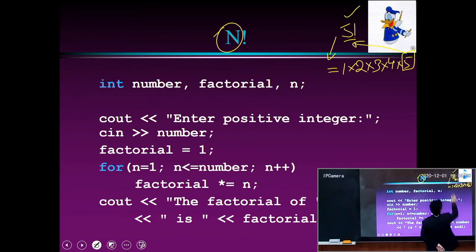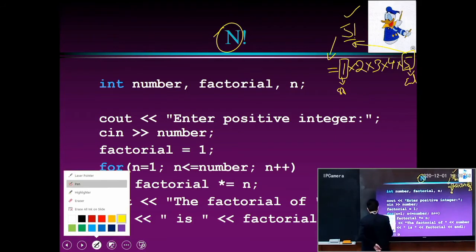And this is the starting number, the digit from which we have to start the multiplication. So this is the starting point and this is the ending point. Starting point and ending point. Okay, remember.